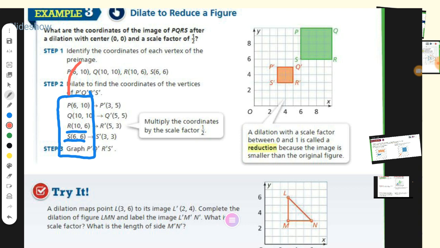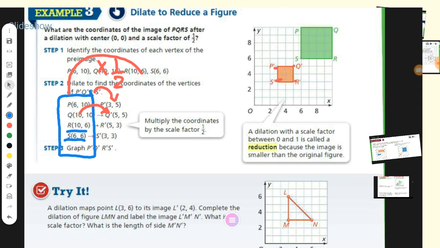Then multiply by the scale factor, which is 1 over 2. You will find the new images. Apply it over the graph, and you will find the new one around the origin point. That's it.